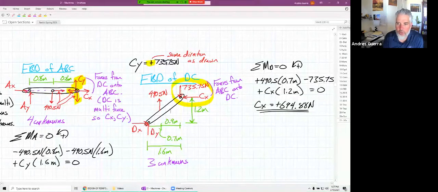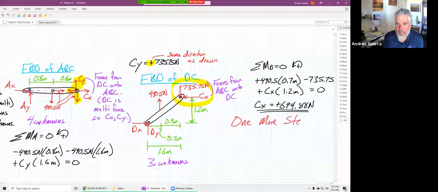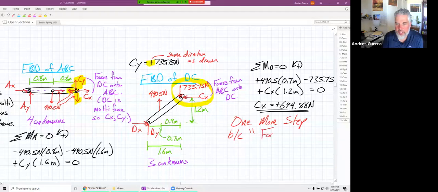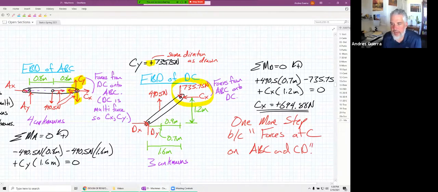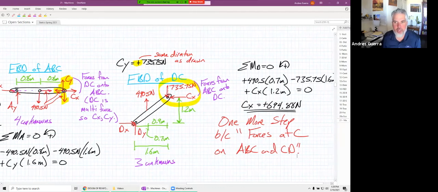Now, we have one more step, and the reason we have one more step is because they ask for the forces at C on A, B, C, and C, D. This is different when they say find the reaction at C. They're specifically asking for the forces at C on ABC, and I'll show you where that shows up in the homework as well.